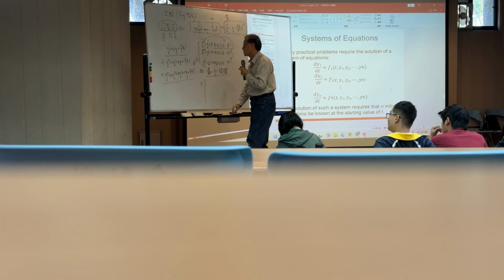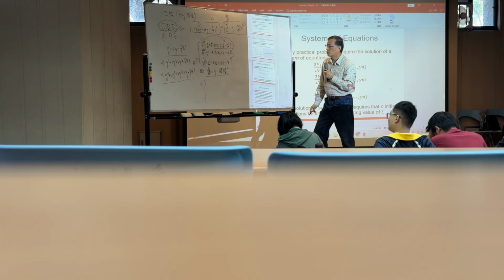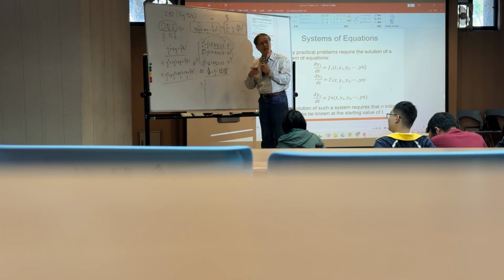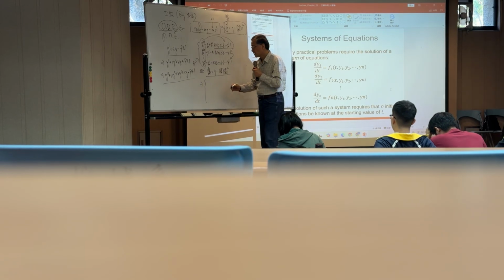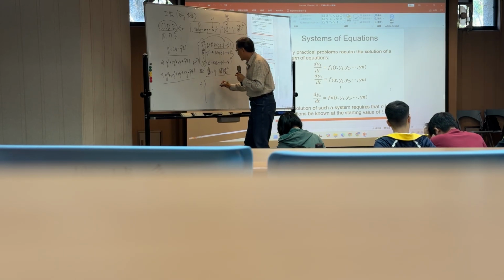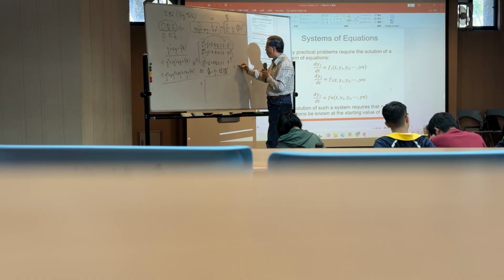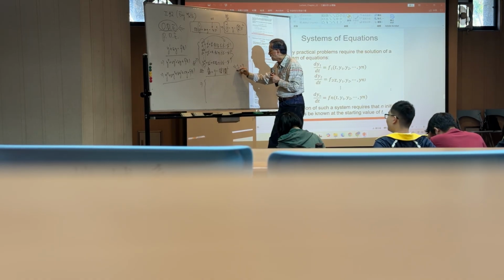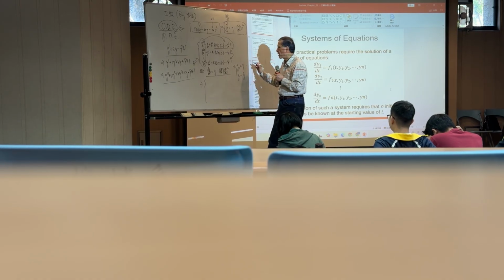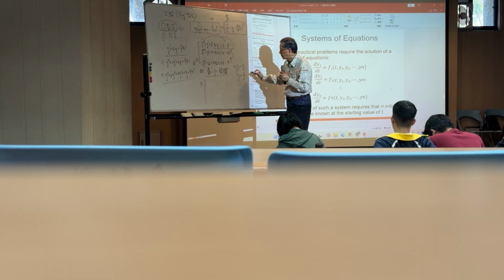Let's do this. What we do is we have y1 and y2. Okay, so y1, let's say y1 equals y. Okay, and y2 equals y dot or y differentiation or y prime.